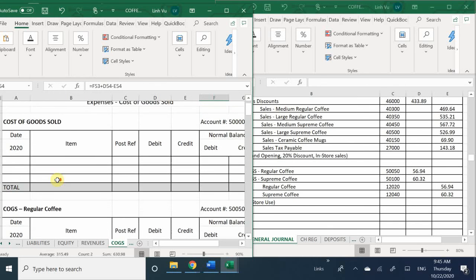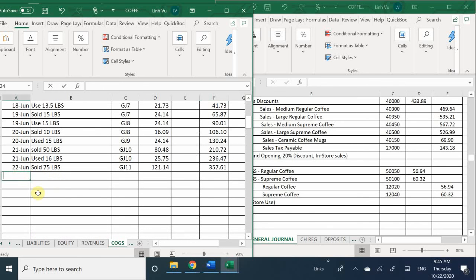Here you go. Did we actually sell the items? Did we actually sell the coffee by the pound? No, by cups, but with the total pounds that were sold. No, we used it.